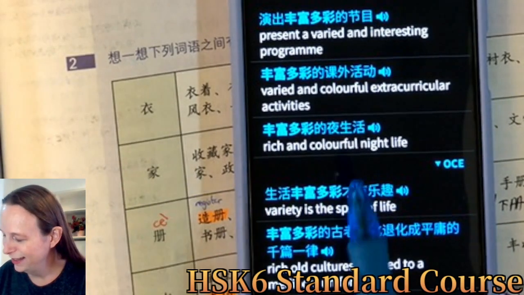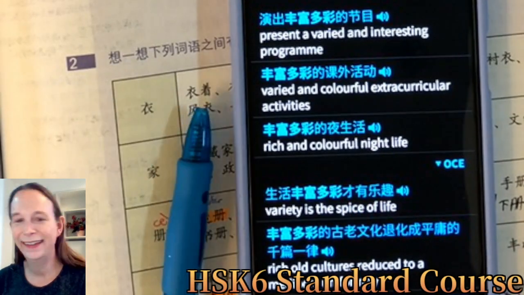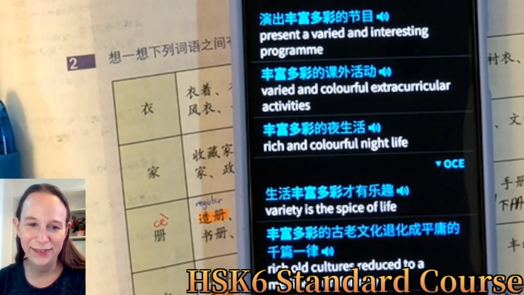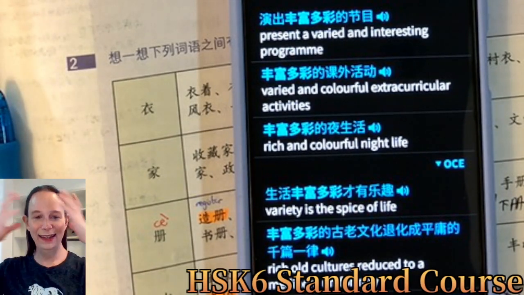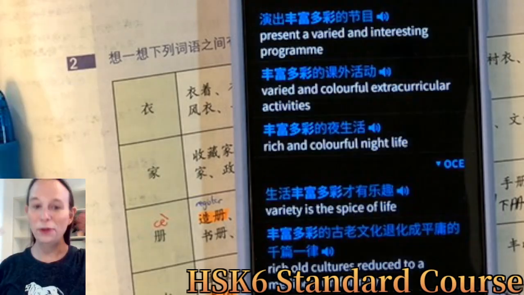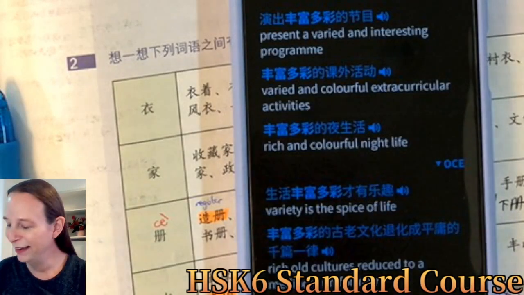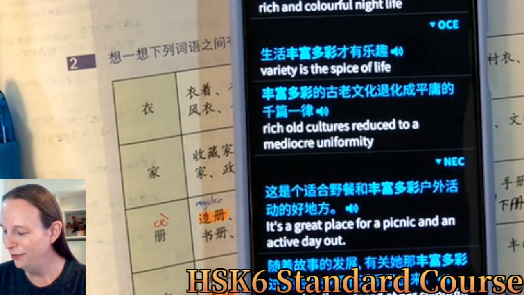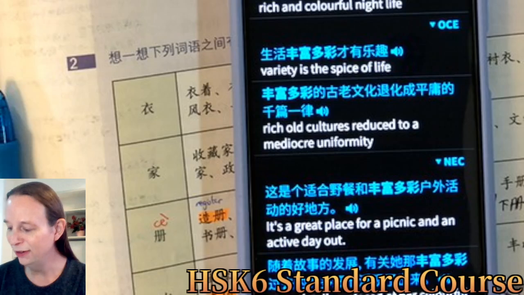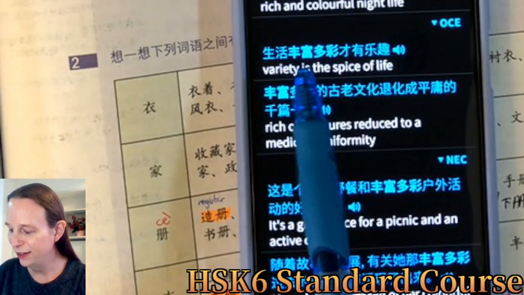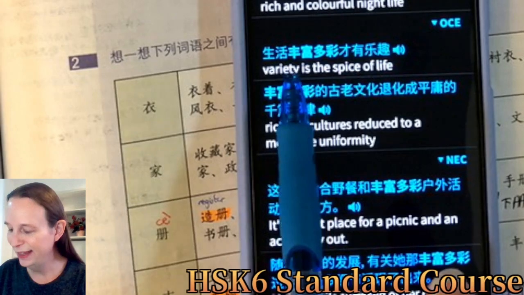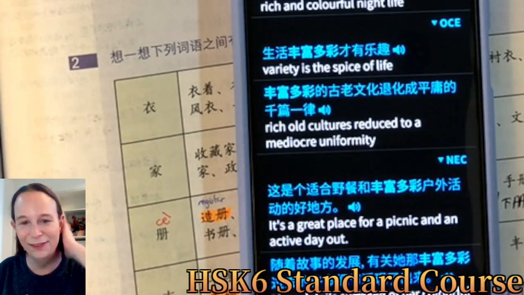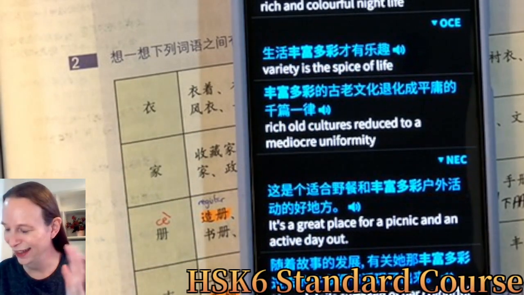I saw this, rich and colorful. Yeah, colorful in a figurative sense then. Like, I don't know, your language is very colorful. Maybe. 生活丰富多彩才有乐趣. So yeah, this is like diverse or has a lot of variety, right? It doesn't mean color. It doesn't involve color, even literally.